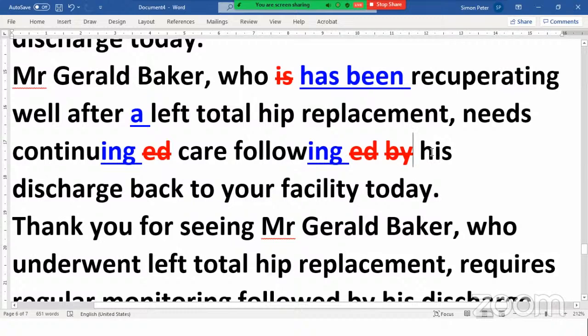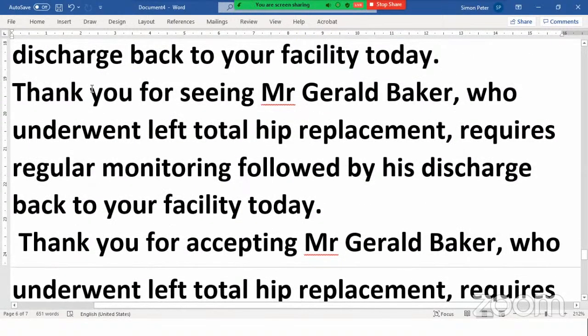Then you have to say following. Otherwise you can say his discharge followed by continuing care. So continuing care is following. Right. Next one.